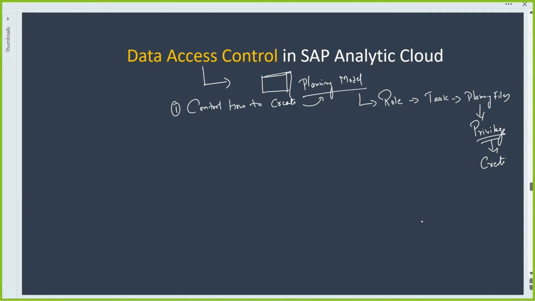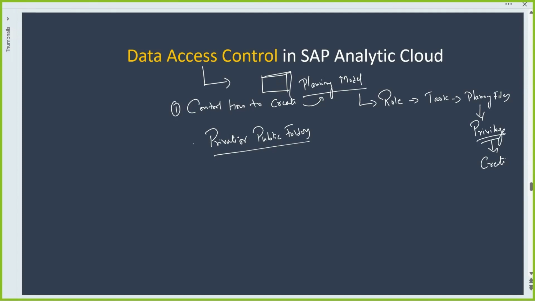Now, before creating a planning model practically in your project, first you need to give access to a private or public folder. Regarding this, you can refer to my previous session.